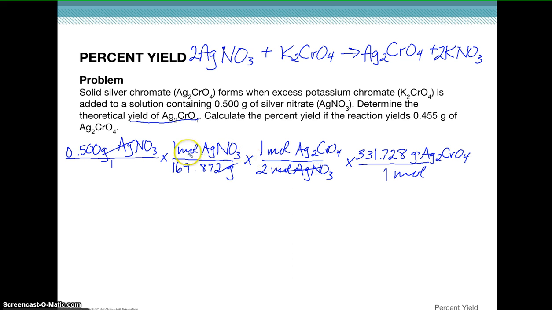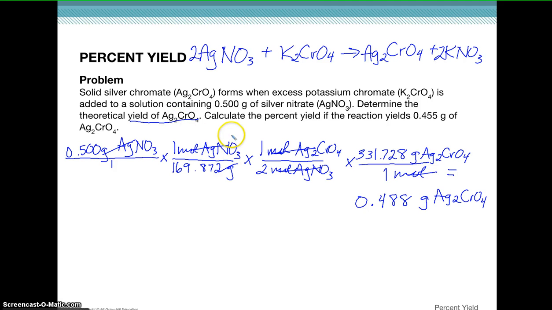Okay, those moles canceled, so we have grams left, and when we do that calculation, we get 0.488 grams of Ag2CrO4. Okay, so that's our theoretical yield. When we do this reaction, theoretically, that's how much product we should get. Okay, so that's the answer to the first question.